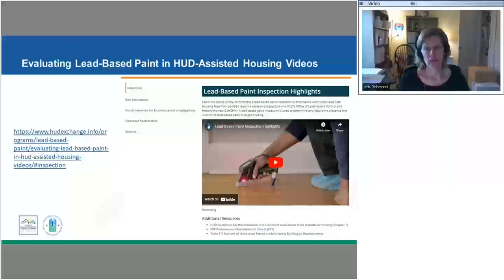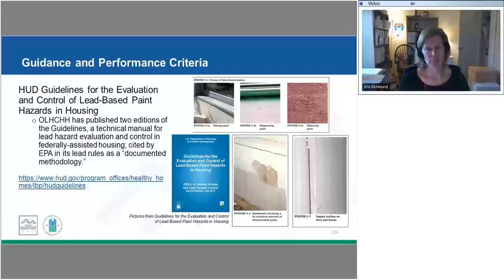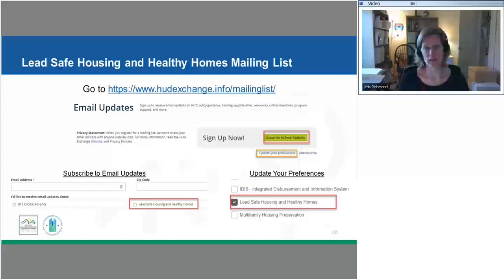And then our videos, the HUD guidelines, also really helpful, and the mailing list where you can put your name on it, and then you don't have to search for new updates. That information is pushed out to you, which makes your job a little easier, because I know everybody's trying to keep track of all the different changes and when things happen. Being on that mailing list will help ensure that you'll get the information as it comes out through the HUD Exchange.